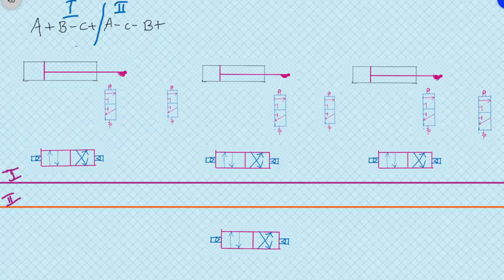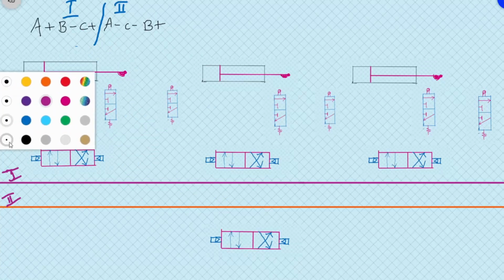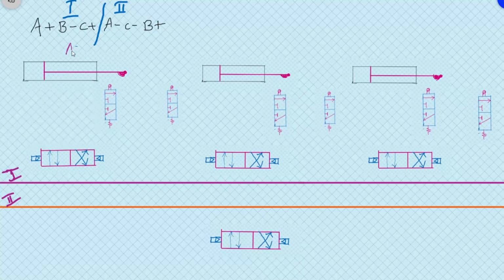So the components are taken here, and we'll go ahead with the design of the circuit. All the components will be named first. These are the cylinders or actuators, A, B, C. And there are 6 limit switches, 2 for each cylinder, that will sense the position of the cylinder.